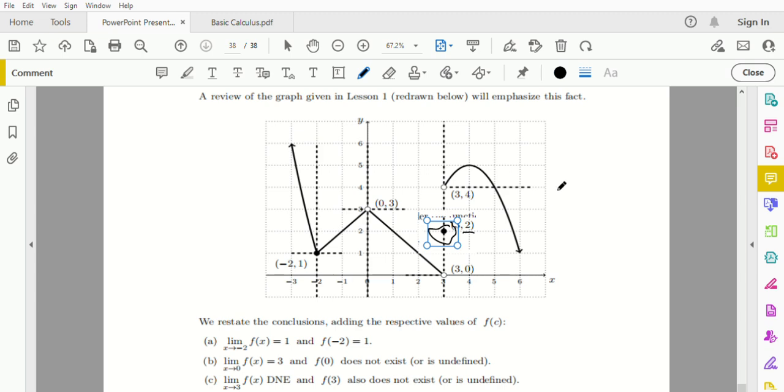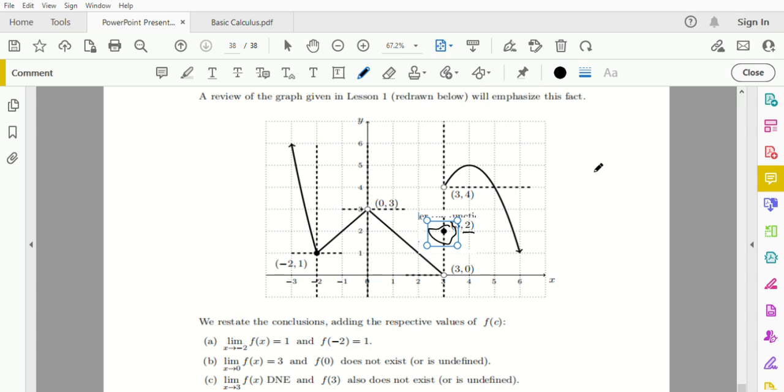So the point here is that the limit of a function as x approaches c is not always equal to f at exactly c. So the two values are different.